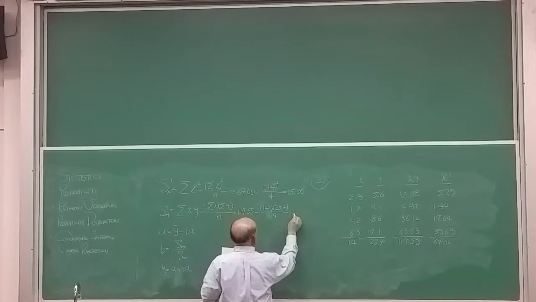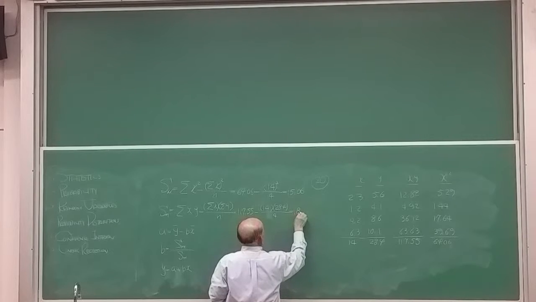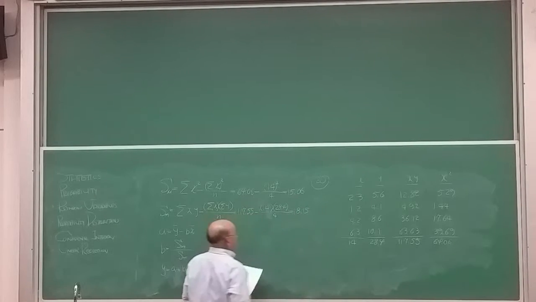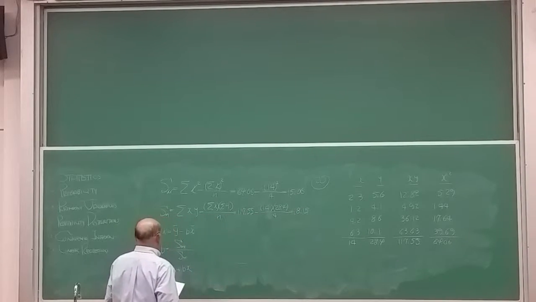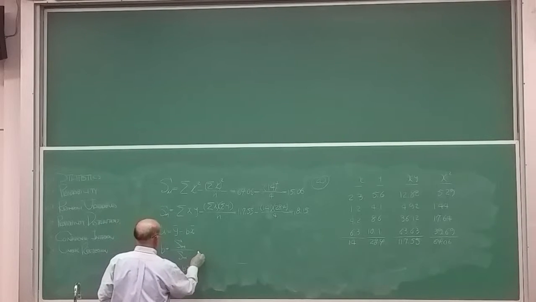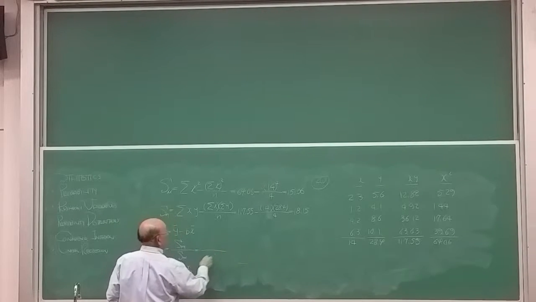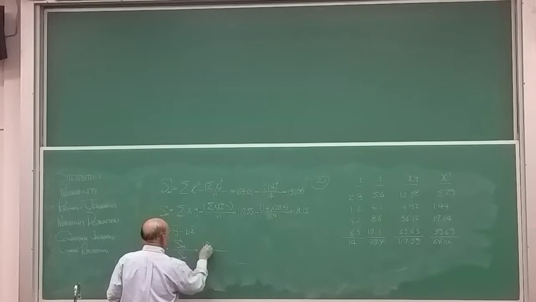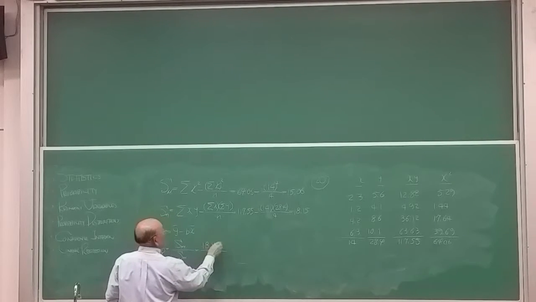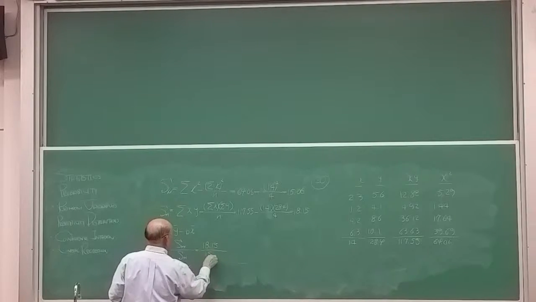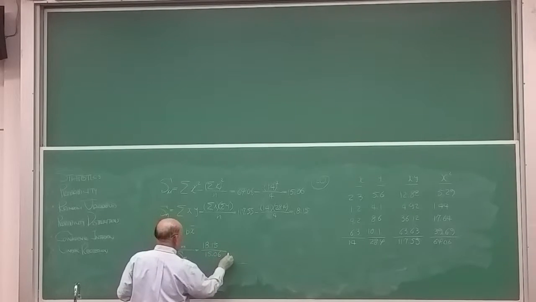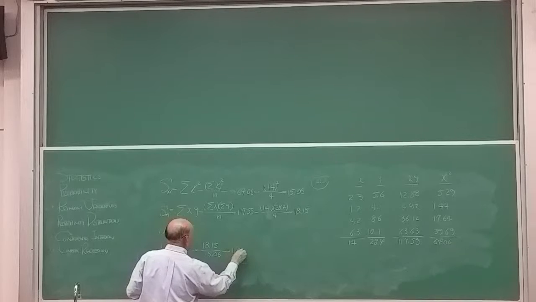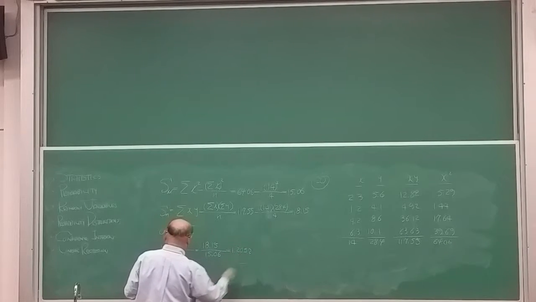That gives me 18.15. So B is then 18.15 divided by 15.06, which is 1.2052.